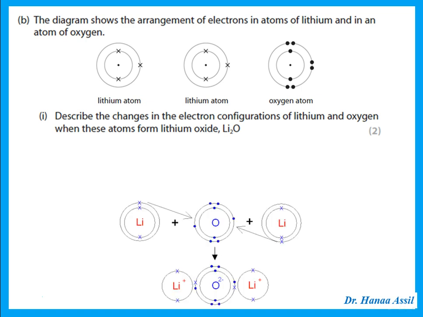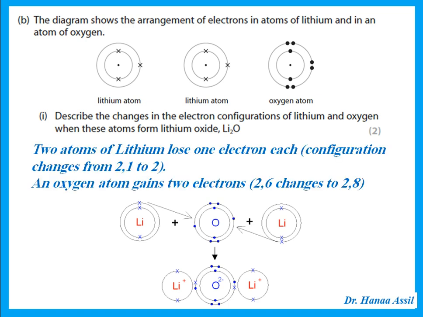Each of the lithium atoms will lose 1 of its electrons. The oxygen needs 2 electrons, so that means 2 atoms of lithium will lose 1 electron each, so their configuration changes from 2,1 to 2. And the oxygen atom gains 2 electrons, so the electron configuration changes from 2,6 to 2,8 because it wants a full outer shell.